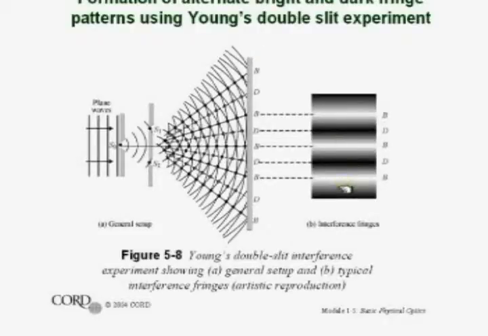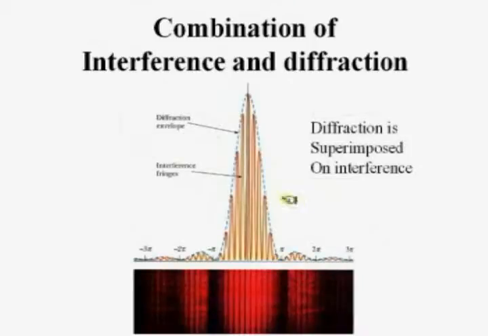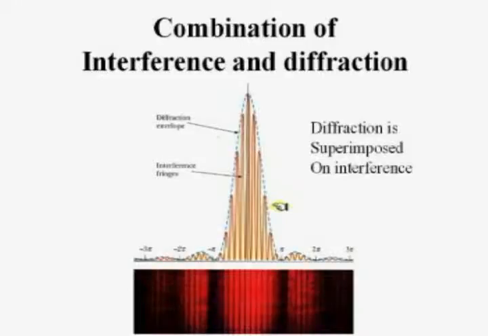So now you can see the combination of interference and diffraction, because a little while ago I mentioned that interference cannot exist independently, whereas diffraction can exist independently. This picture shows the central part. This is the 0th order of the diffraction. We'll be talking about diffraction in a minute. This is the central portion within which we have the interference fringes.